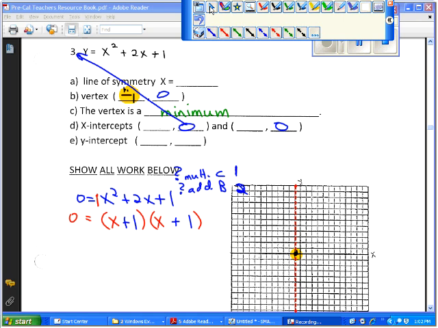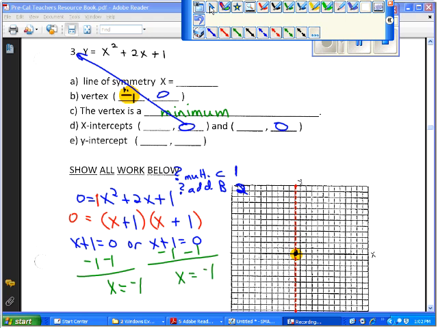And so then we say either x plus 1 equals 0, or the other factor, x plus 1 equals 0. Subtract 1. Now, a quadratic has 2 roots, 2 zeros.